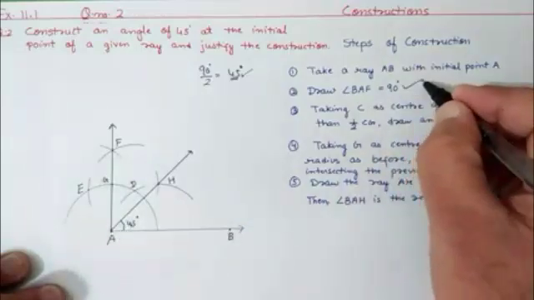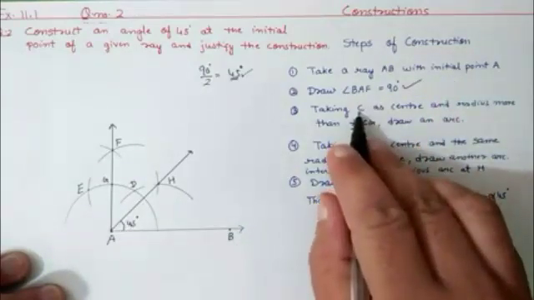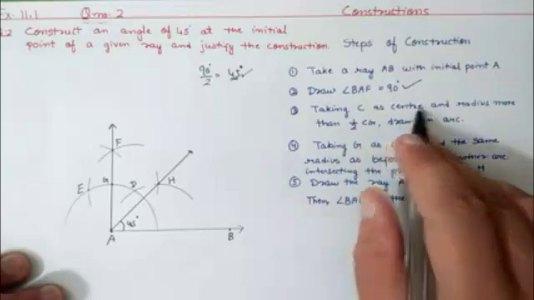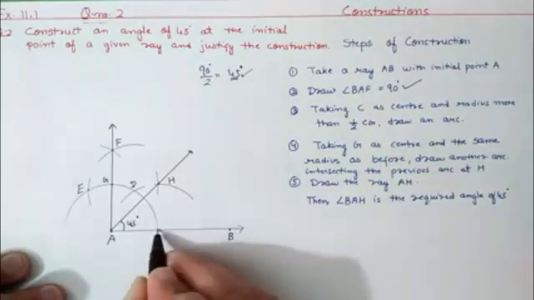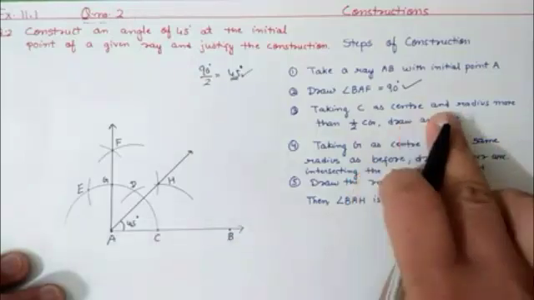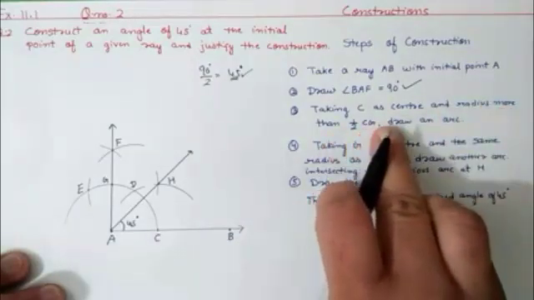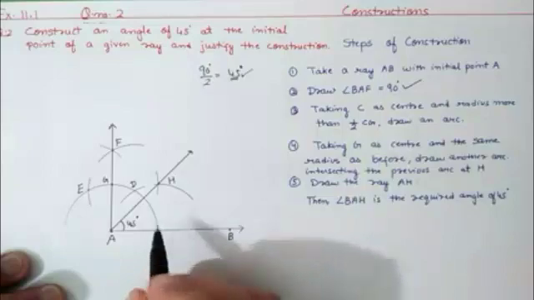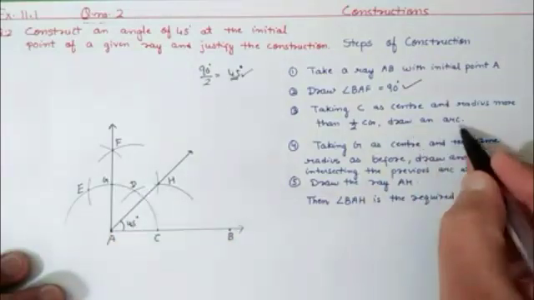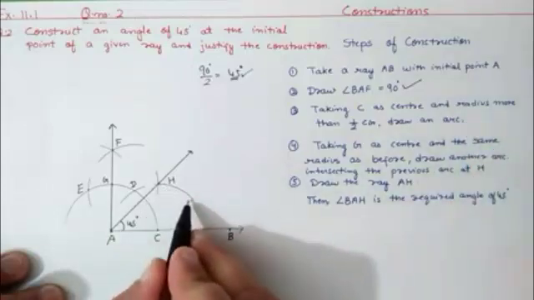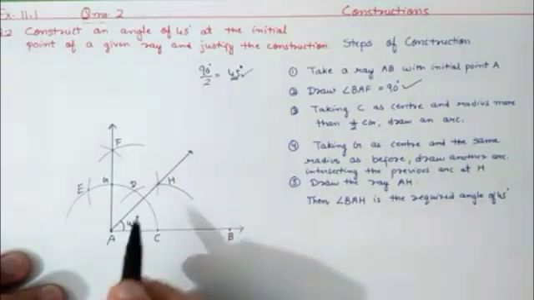After that, taking C as a center and radius more than half, draw an arc. Now opening more than half, we will get one arc over there.